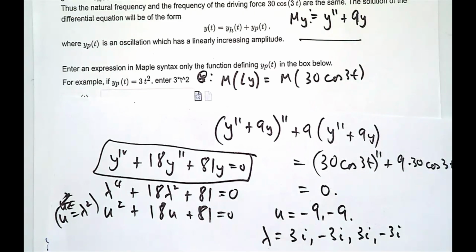Okay? So what do we do when we have complex roots? What are our functions for, first year problems? Sine and cos. But we've got repeated roots. We'll do t's, okay, because it's a function of t.